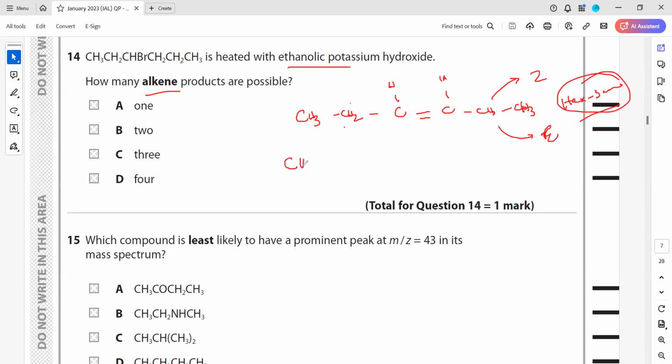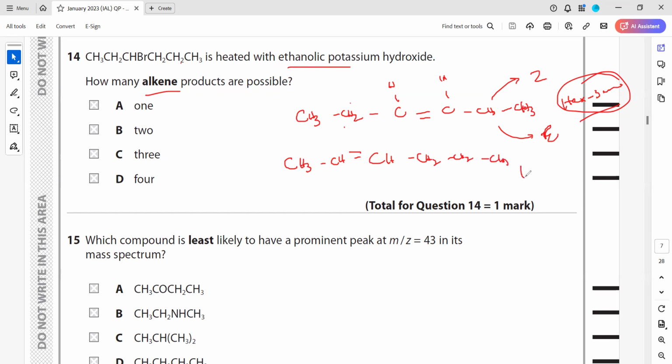So it might be CH3, CH2, because this is H and Br is there. So the double bond might be here, between the second and third. That is another possibility. Then H will be there, then CH2, CH2, 1, 2, 3, 4, CH3.